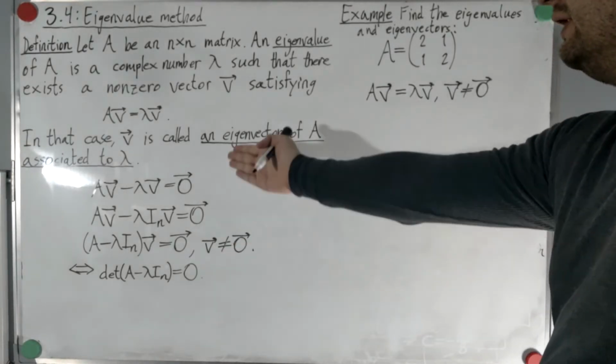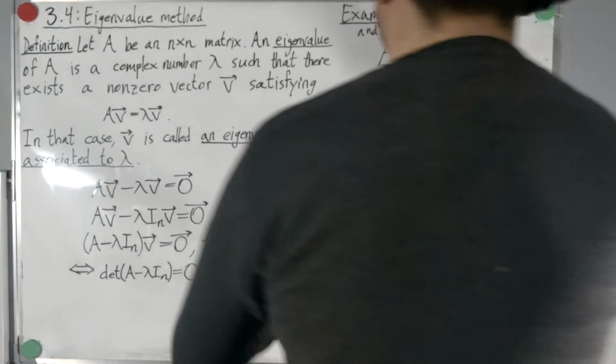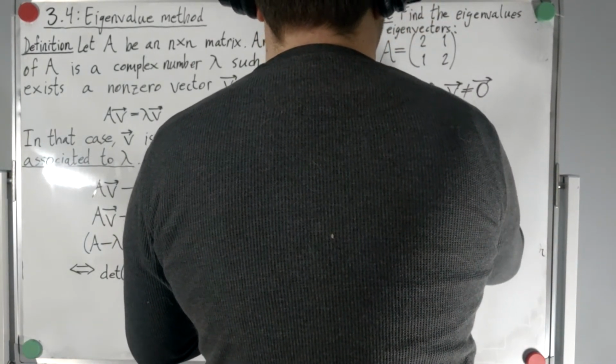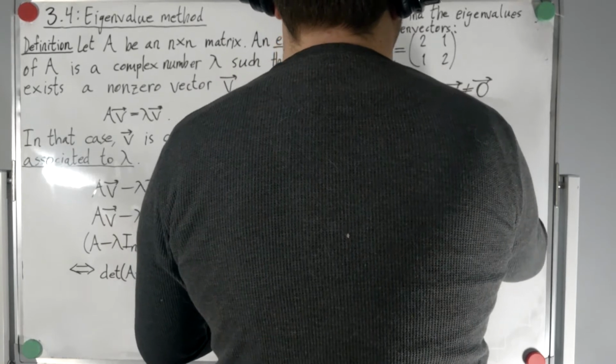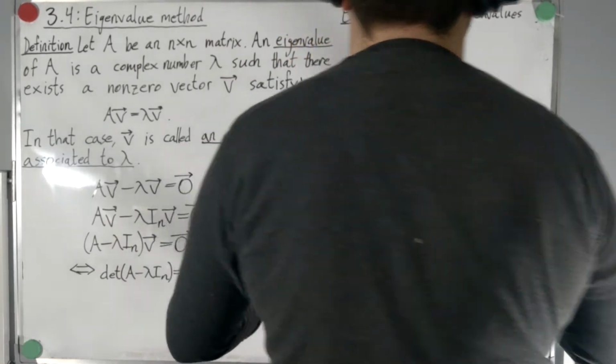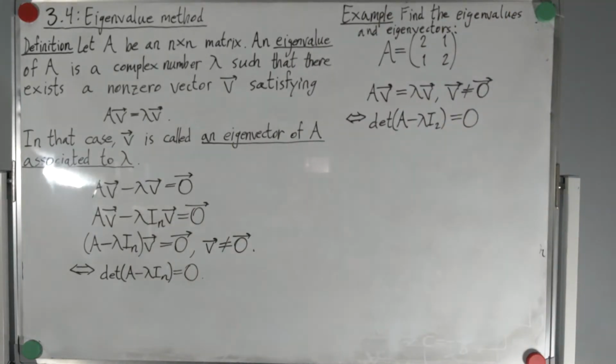Again, that's the same as saying that the determinant of A minus lambda I2 is 0. So what we need to do here is take the determinant of A minus lambda I2.